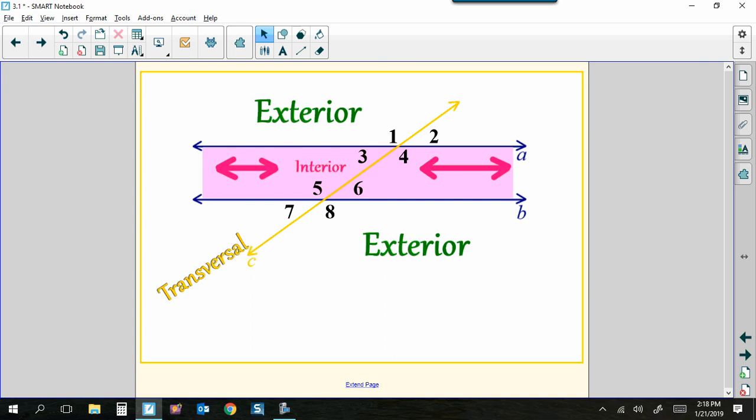And then the last thing I want to talk about is how we have two clusters of angles. Up here we have angles 1, 2, 3, and 4, all using this vertex right in the middle here. I hit the transversal again, let me make that bigger. So angles 1, 2, 3, and 4 I like to call a cluster.